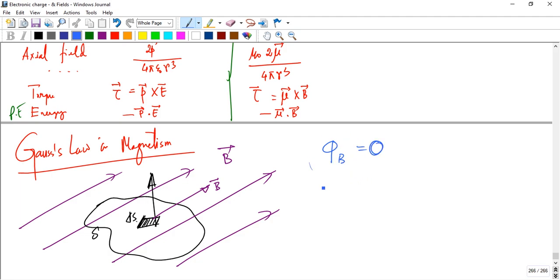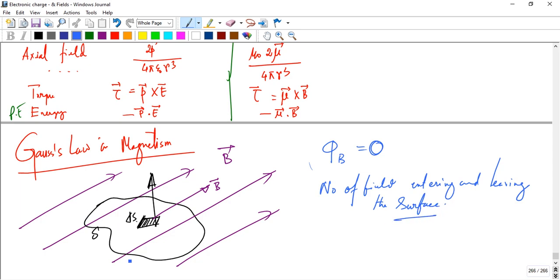The number of field lines entering and leaving the Gaussian surface is the same. If I choose leaving as plus and entering as minus, or vice versa, you get a total flux of 0.